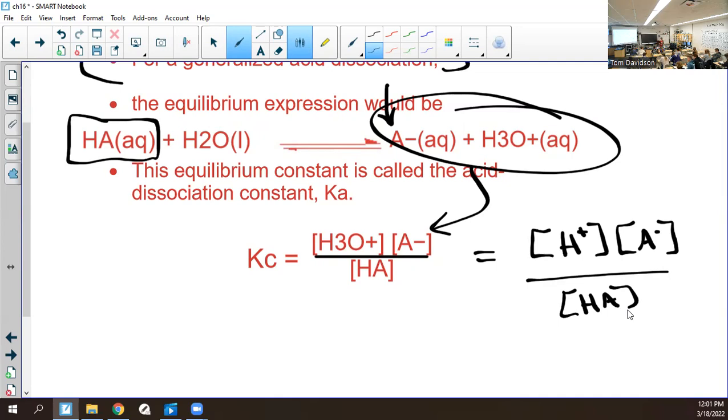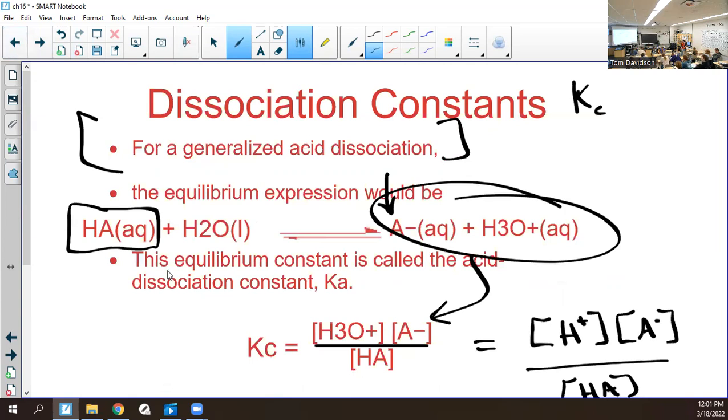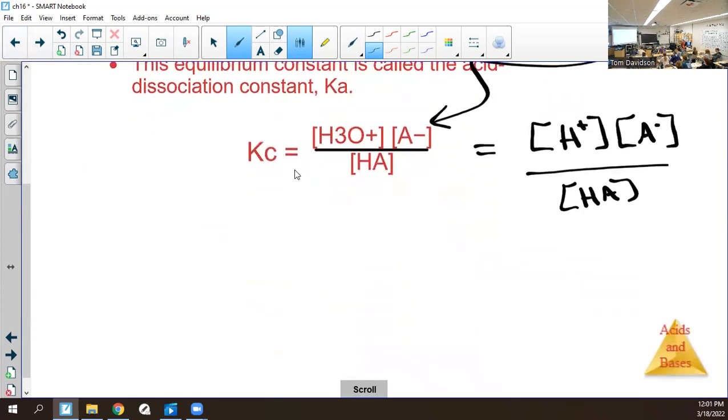Okay, so here we go. This is always the same. All right, so the greater the value of Ka, the stronger the acid. Now, if we understand what this means again, like what Ka, I guess I didn't call it that, did I?